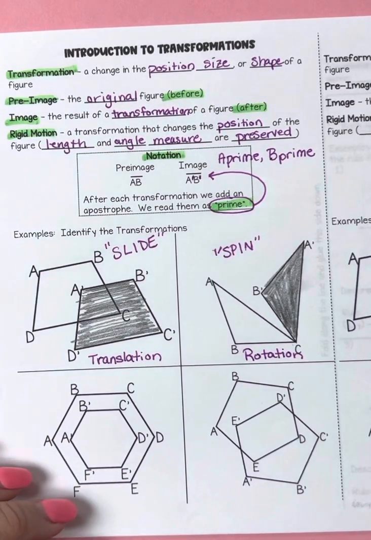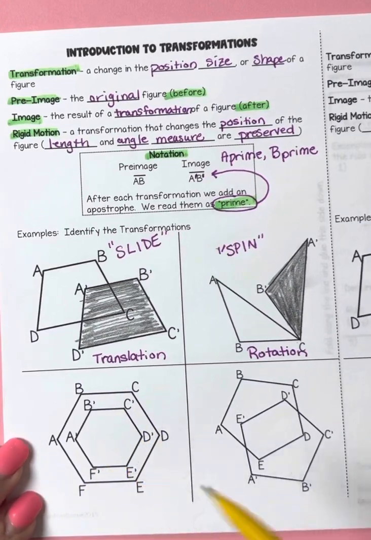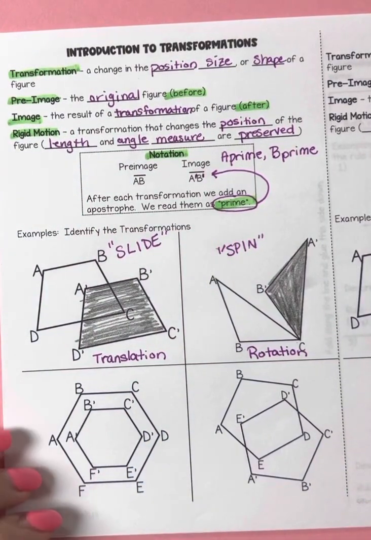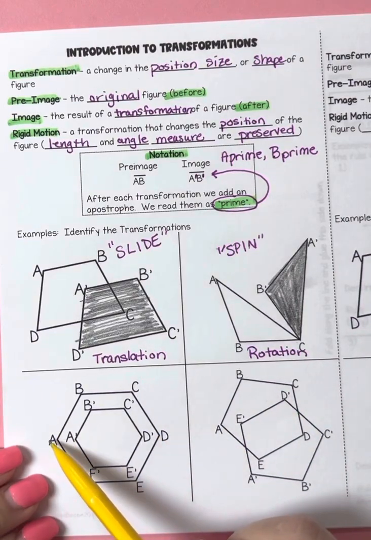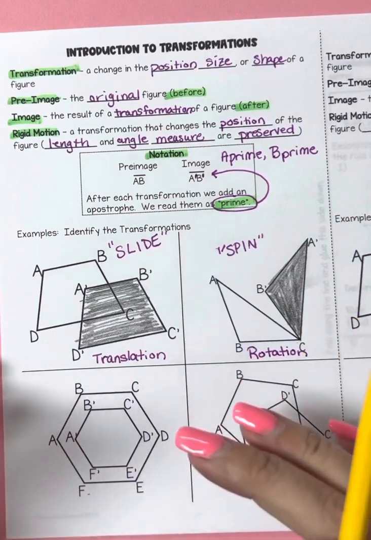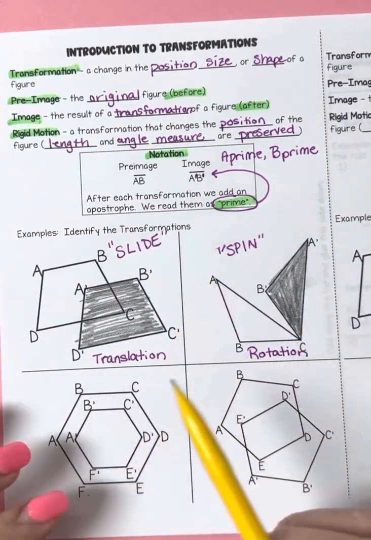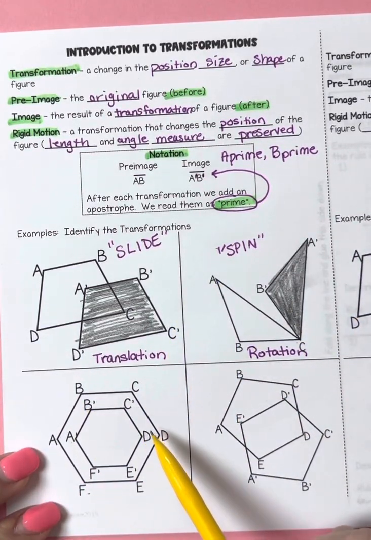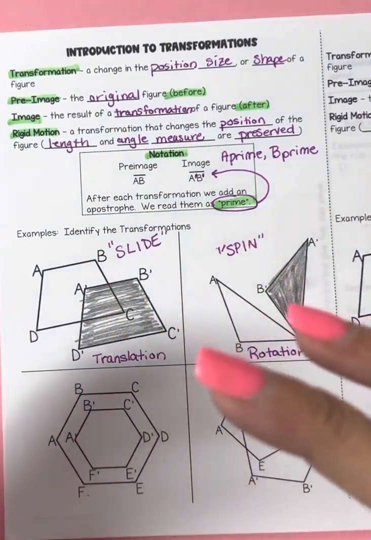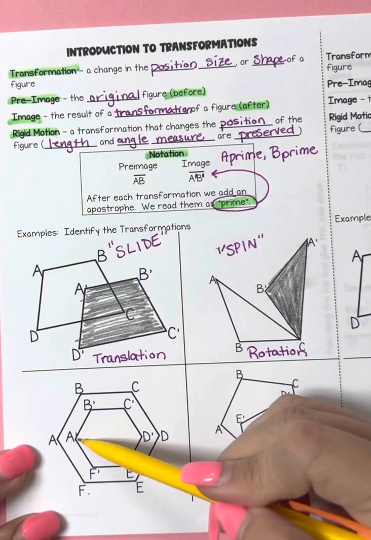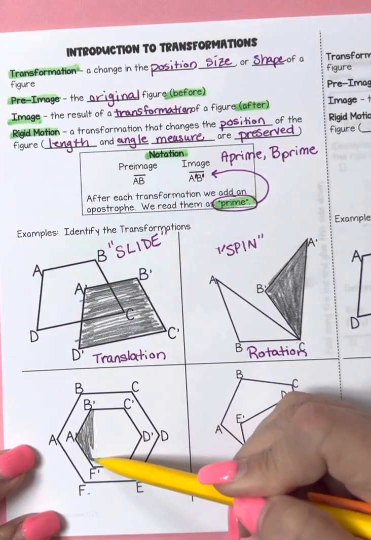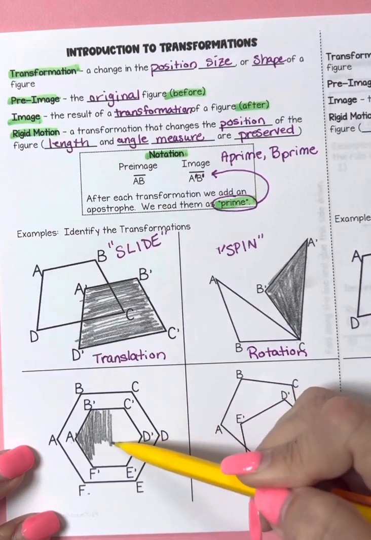All right, now we've got this one down here in the corner, which looks kind of weird. It's hard to tell where it started and where it stopped. So we use the letters. The plain letters, A, B, C, D, E, F, that's where it started. And then the prime letters, A prime, B prime, C prime, D prime, E prime, F prime, that's where it ended. So it started bigger and got smaller. So I'm going to shade in the image. That's where it ends.